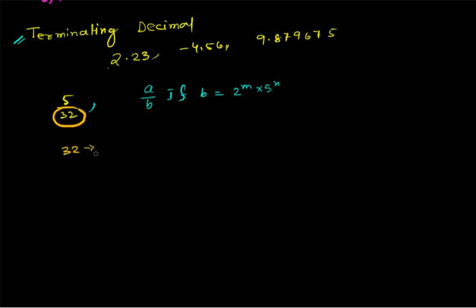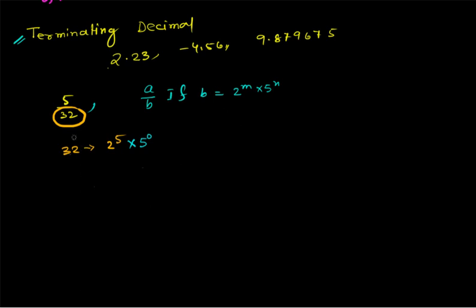If I prime factorize 32, it will give you 2 to the power 5, because we all know 2 to the power 5 is 32. So it is actually in the form 2 to the power m into 5 to the power n. Now the basic question comes: where is 5 to the power n? Okay, let me provide you. This is the 5 to the power n part.